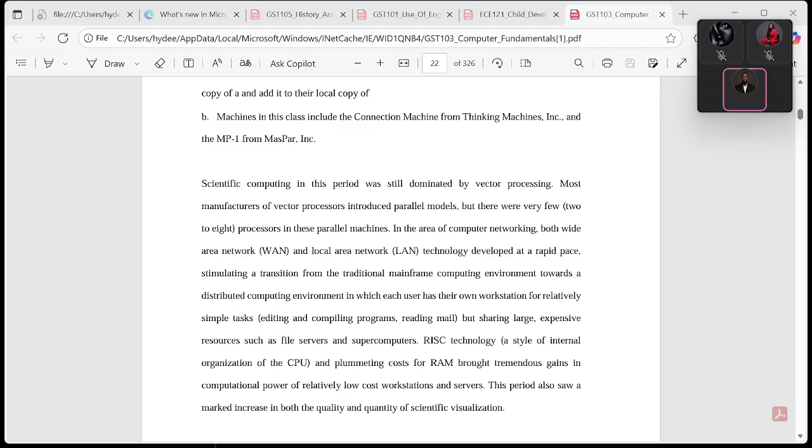So in the fifth generation, they were dominated by vector processing, and most manufacturers of the vector processors introduced parallel models. They used parallel models in parallel machines. Meaning, when I say parallel models in parallel machines, we can be doing almost the same thing at the same time.